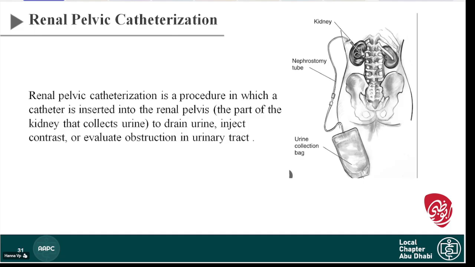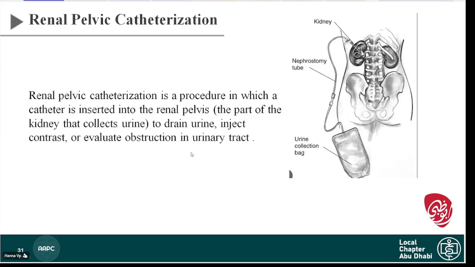Usually people ask every time. A catheter is a kind of tube we insert into the body. So what is meant by renal pelvic catheterization, guys? It's a procedure in which a catheter is inserted into the renal pelvis, the upper part of the kidney that collects the urine, to drain the urine, inject contrast, or evaluate obstruction in the urinary tract.